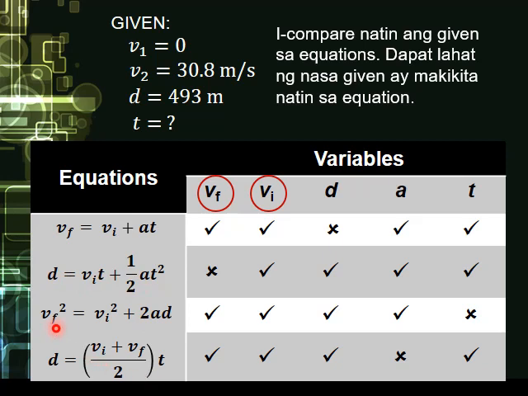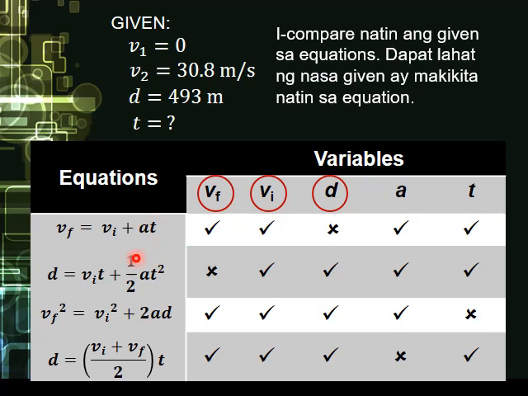Dito, merong VF. Okay, check. So, pwede natin itong isama sa pagpipilian. And then, ito namang isa, meron kang V1 saka VF. Okay, good. So, ito na lang tatlo yung pagpipilian. Okay, next variable. Hanapin natin kung saan merong D. Okay. So, dito sa first equation, wala siyang D.